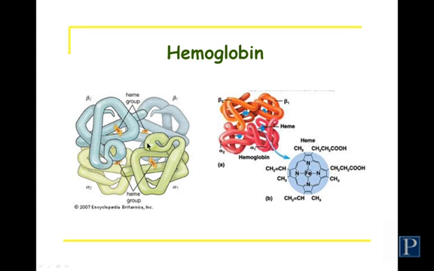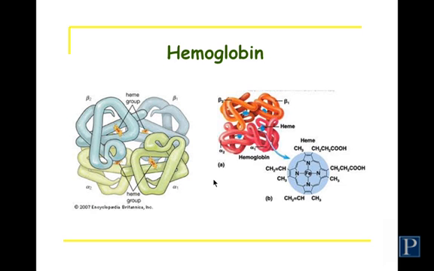The globin chains are there to prevent water from coming in, which would oxidize the iron. It also prevents oxygen from forming bridges with another oxygen over here, which wouldn't be very good for letting go of the oxygen. So the globin is kind of a protective thing. The oxygen actually binds to the iron in the heme ring.